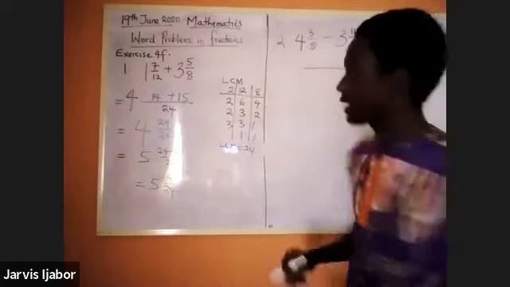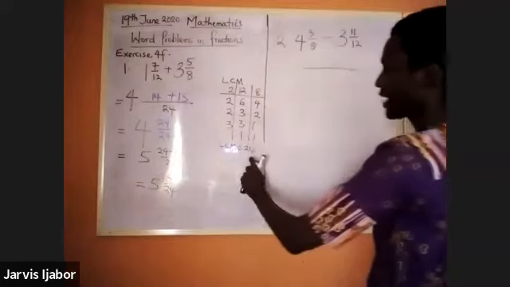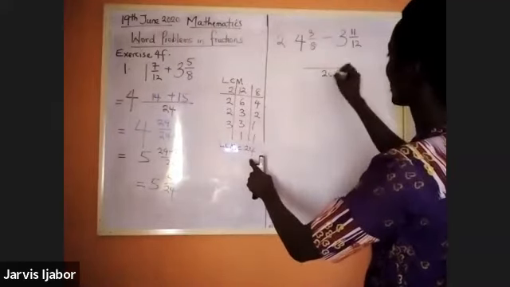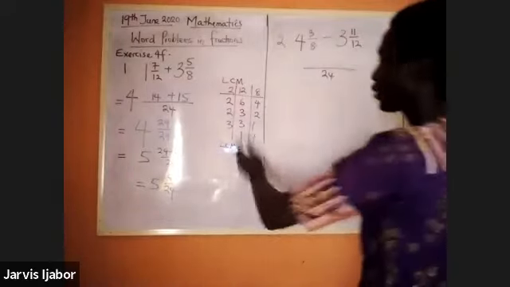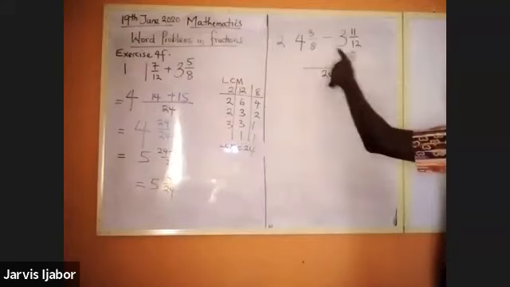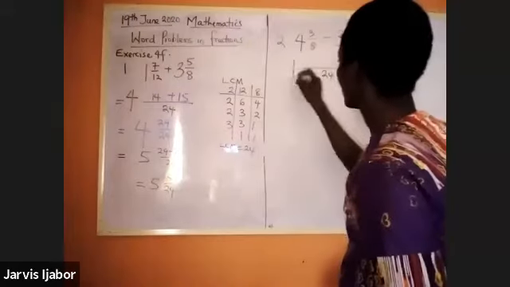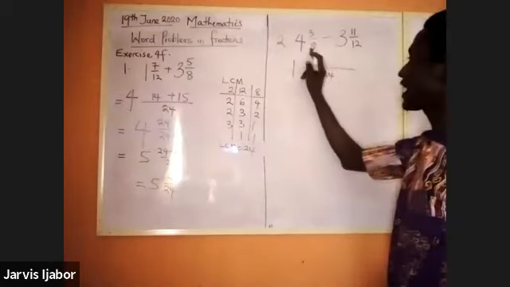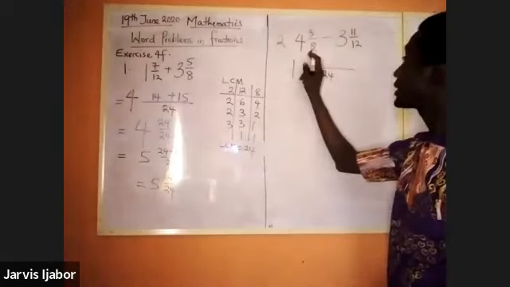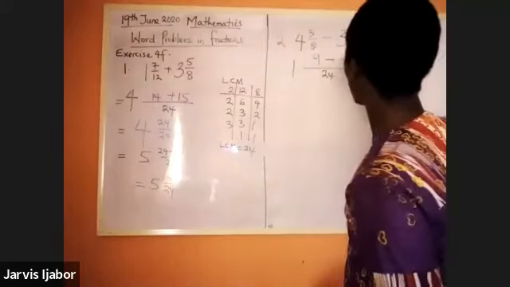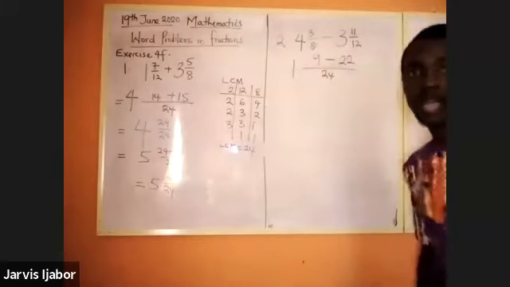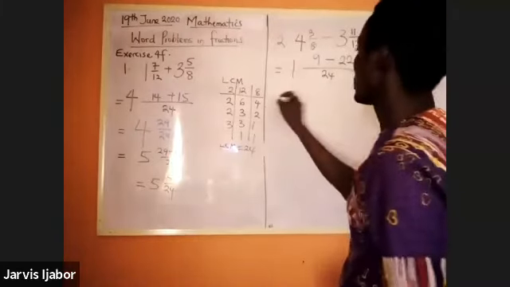What is the LCM? The LCM already is 24, so I don't need to bother myself, because I know the LCM. 4 minus 3. 24 divided by 8 times 11. That clear? Yes, sir.